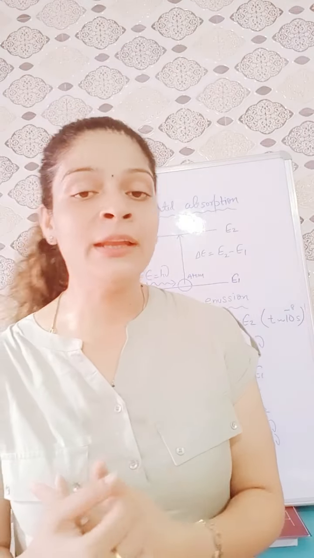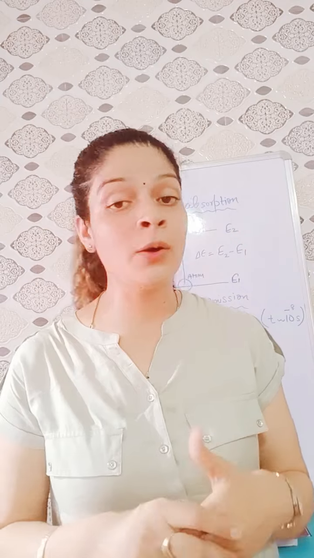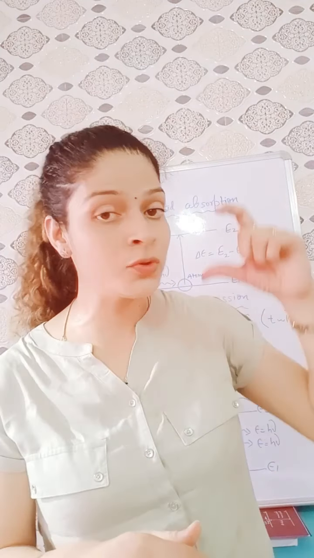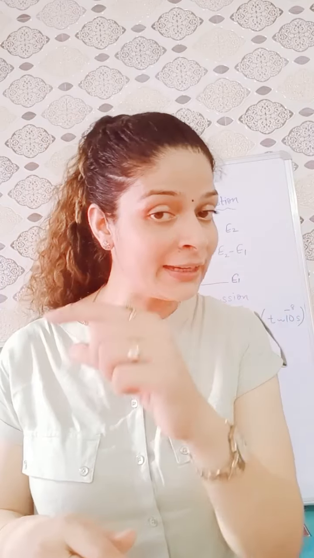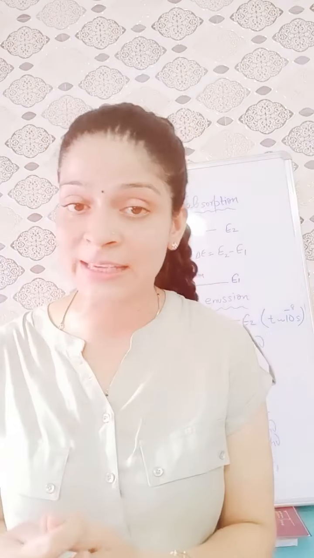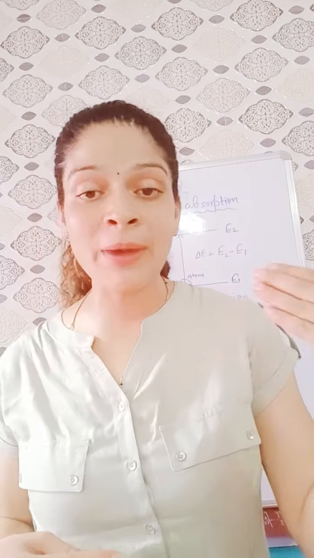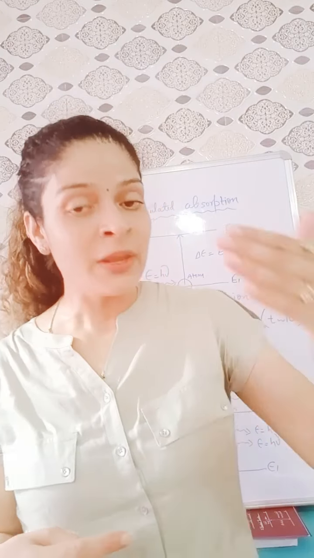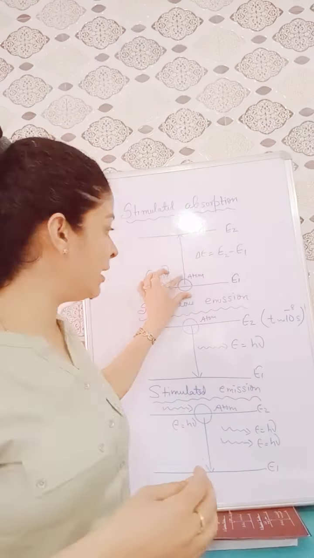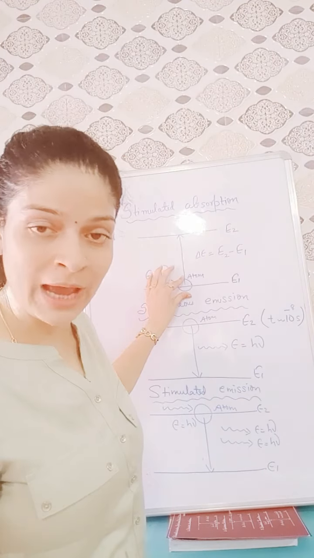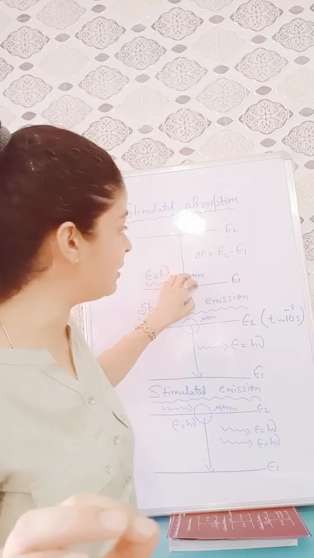Okay, in the second phenomenon, the atom goes to the high energy state. The lifetime of the excited state is 10 to the power minus 8 second. So after 10 to the power minus 8 second, the atom jumps to the lower energy state. Look here. We provide a suitable energy to the atom which is in the ground state, then it jumps to the high energy state.